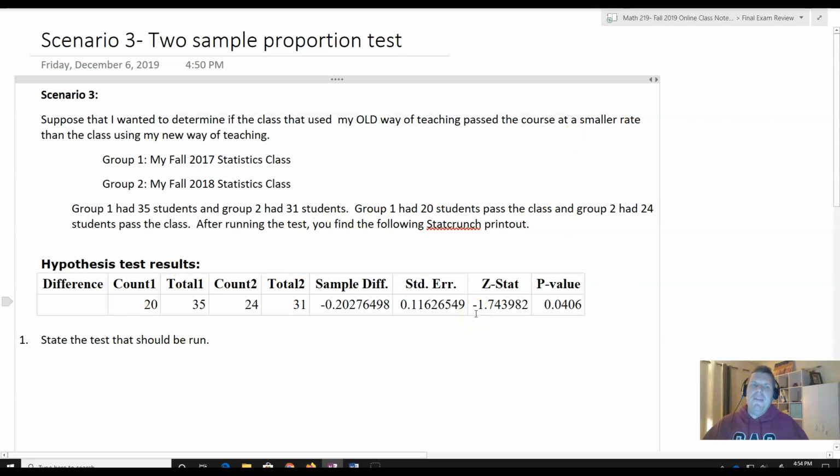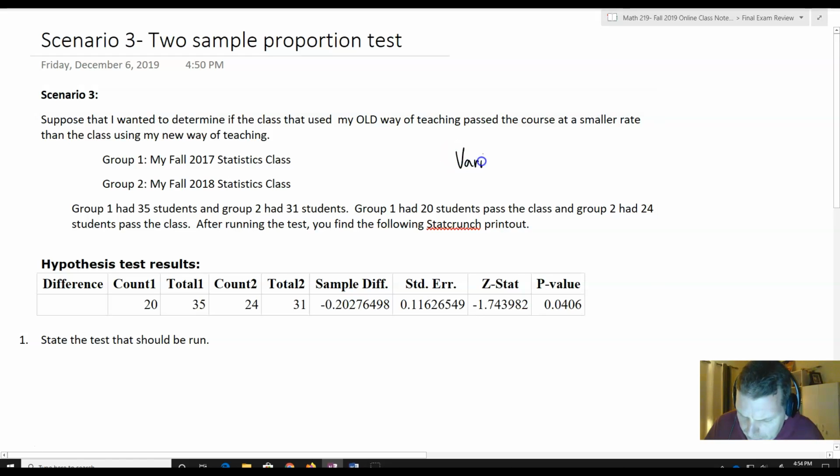Okay, so a couple things I want to see. My variable, the thing that is being collected, is: did we pass the class or not? So that's the question that gets asked, and it's either a yes or a no. And since it's a yes or a no, it's a categorical variable.